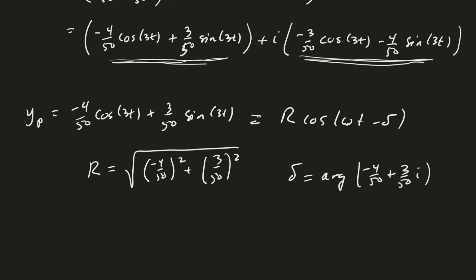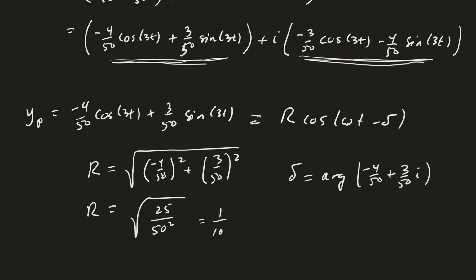Okay, and so what do we get if we simplify that? Let's see, that's 64. Oh, 16. 16 and 9 is 25 on the top, right? 50 squared on the bottom. So we get 1/10.